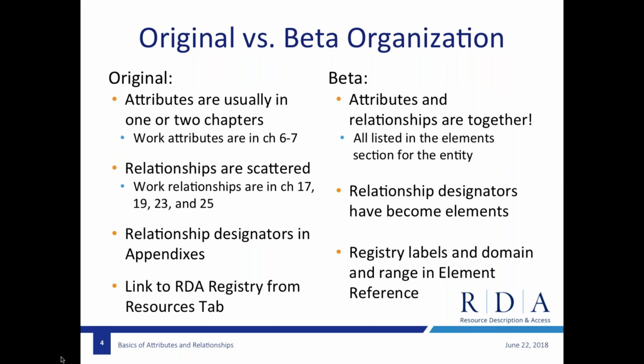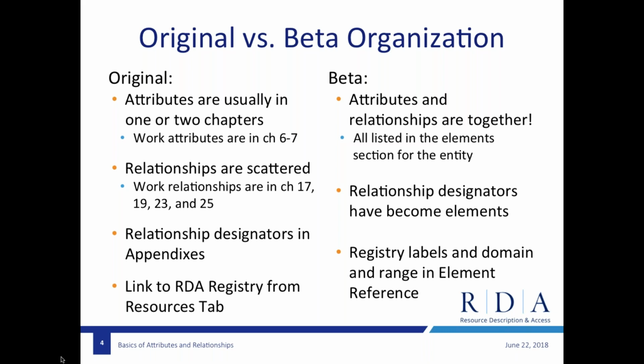So, in the original toolkit, things were organized according to attributes and relationships. The attributes are usually in one or two chapters, depending on which one it is. So, for example, work attributes are found in chapters 6 and 7. Relationships, which are also elements, are found scattered throughout the toolkit.